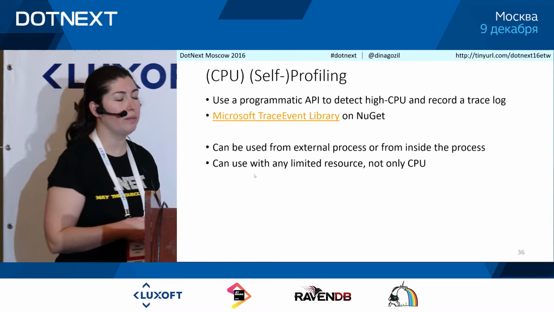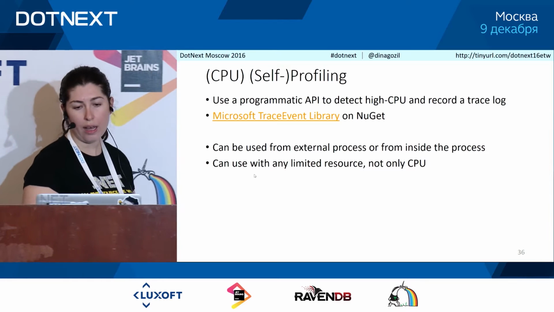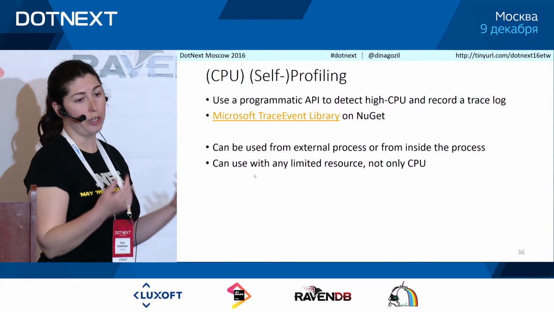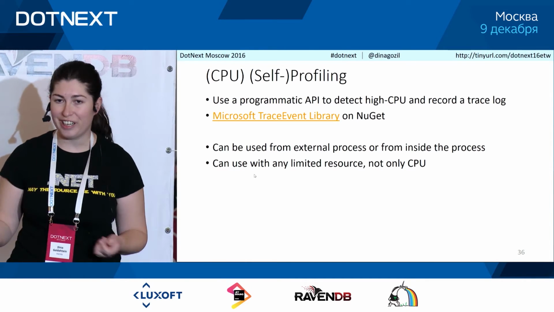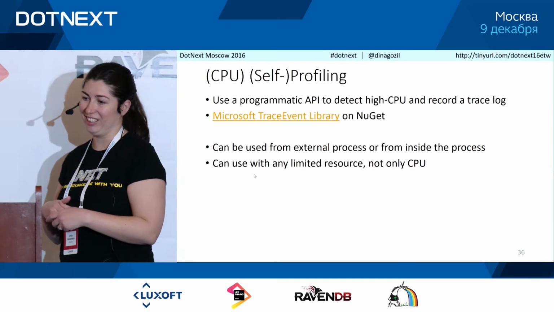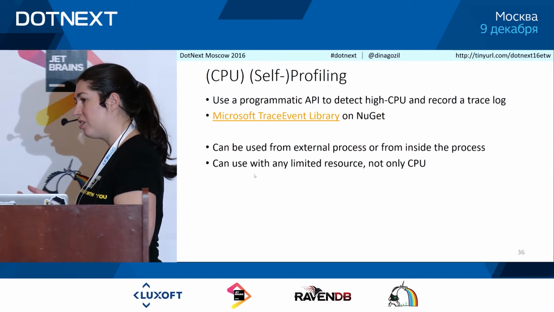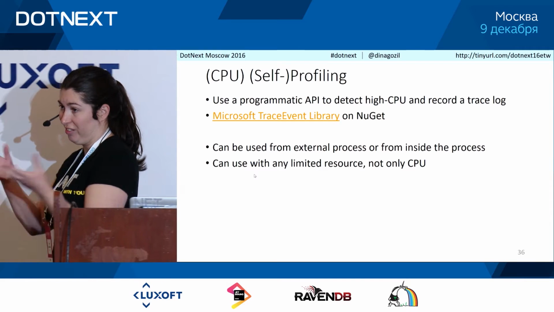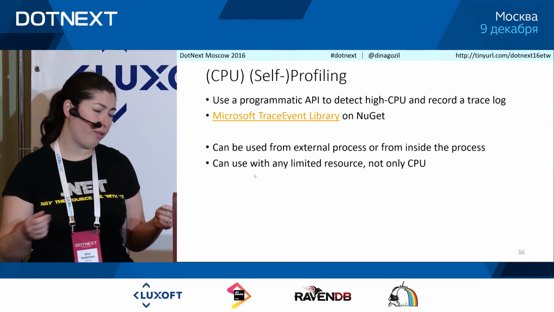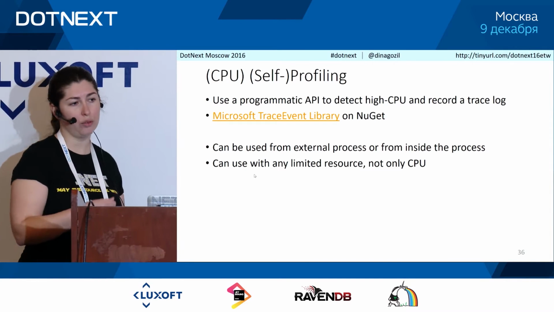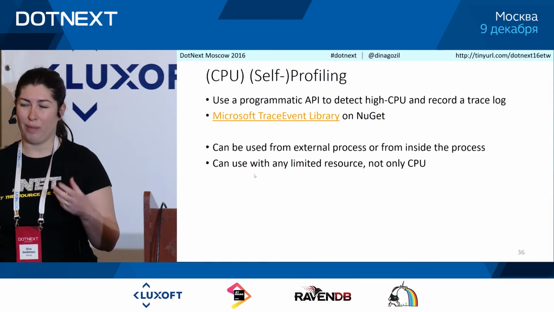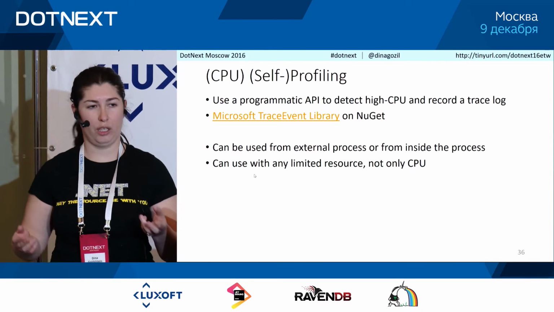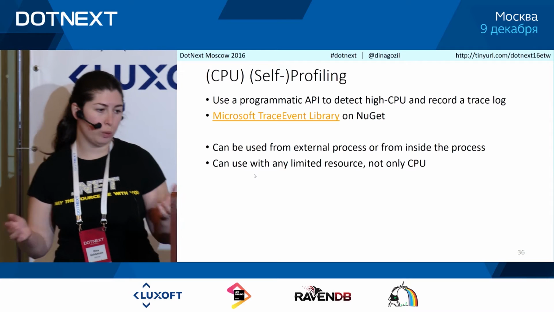It provides a programmatic API for controlling, recording, defining, and configuring these trace event sessions. You can use this API to record your environment, both from inside your process or from outside your process. It doesn't really matter because the collection is done machine-wide anyway, so you can choose what you want to do.